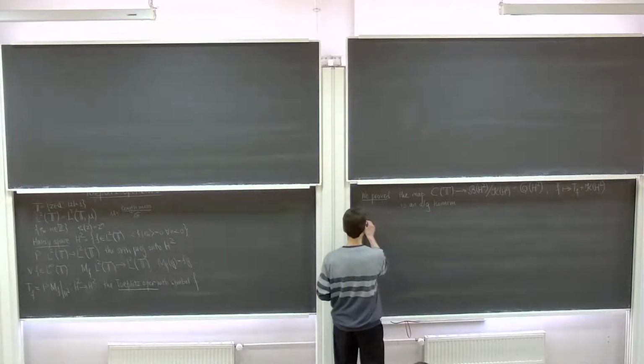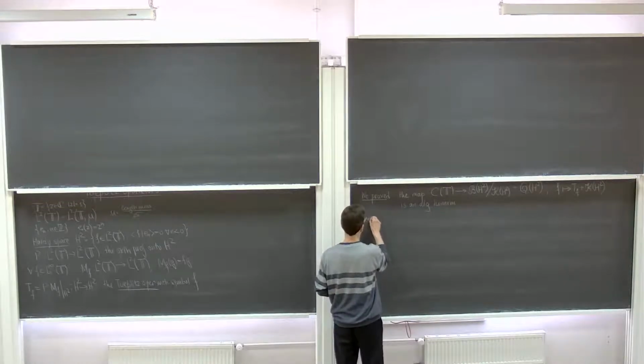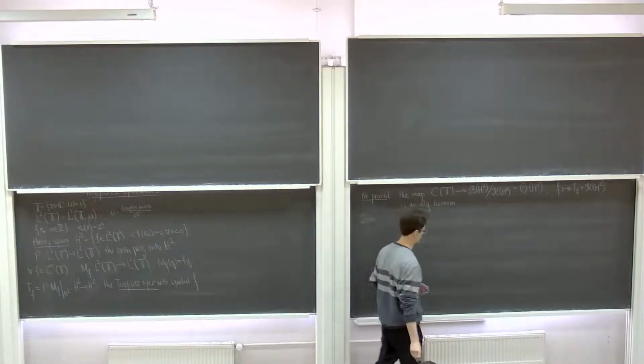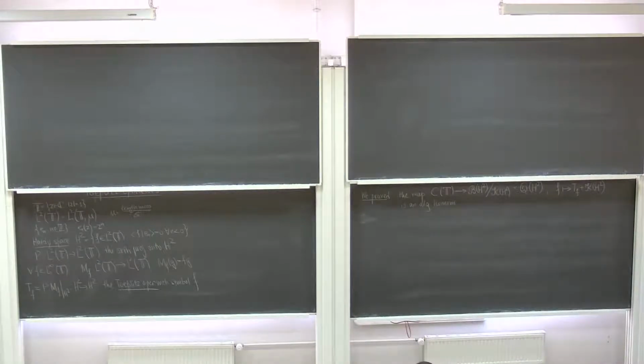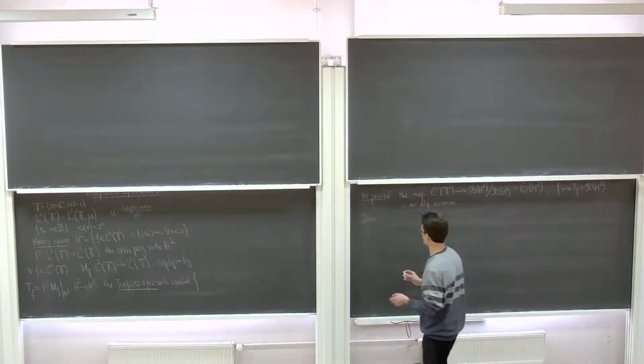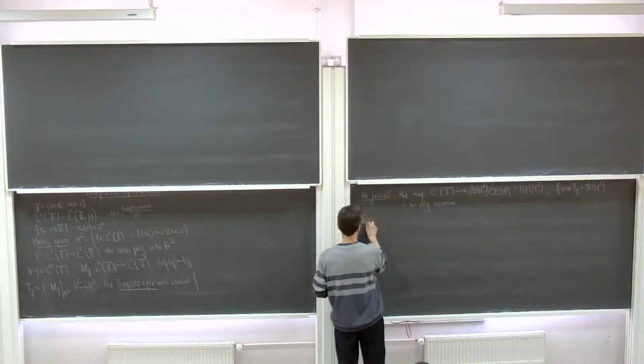Okay, now we're almost ready to prove the index formula for Toeplitz operators. But before we can do it, let's recall some elementary facts from basic topology. So we introduce some notation.